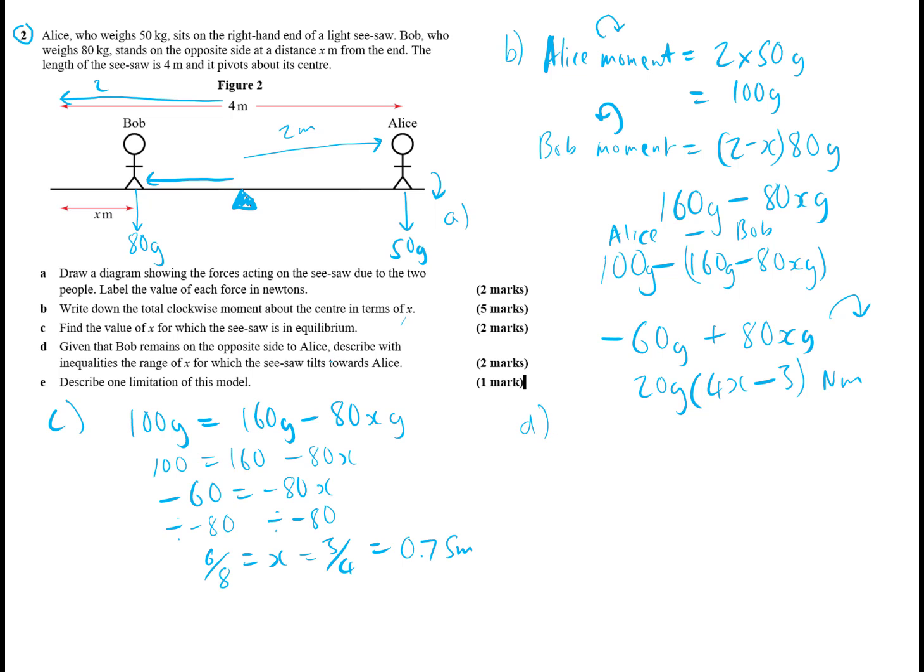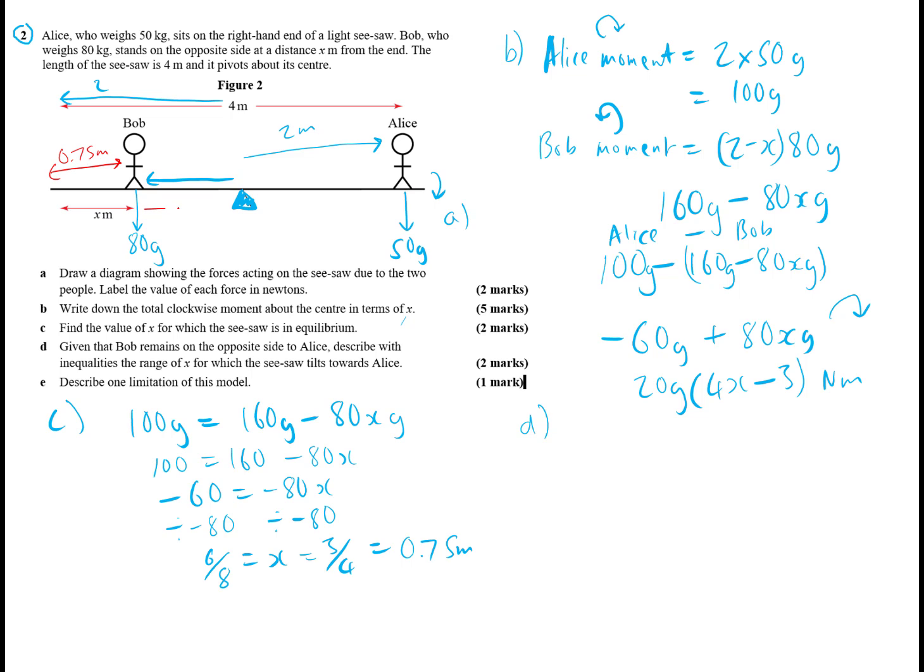Given that Bob remains on the opposite side to Alice, describe with inequality the range of x for which the seesaw tilts towards Alice. So this is just a thinking skill. When in equilibrium, that's 0.75 meters.